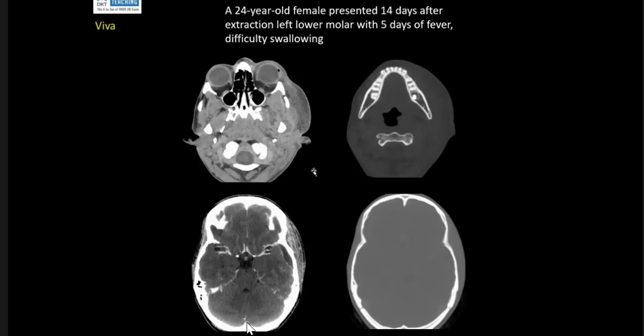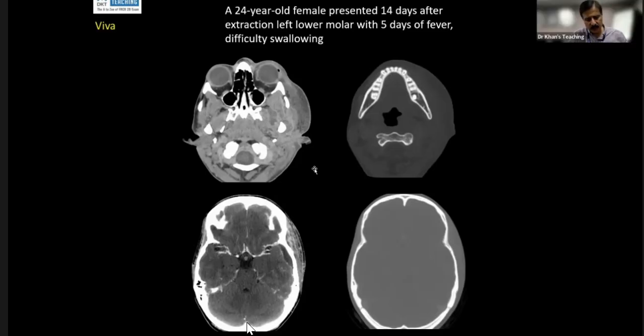I can also see that on CT brain, there is an extradural connection just adjacent to the left temporal bone with underlying enhancement, and there are certain hyperdense areas within the soft tissue. So likely representing an infectious process which is extending into the brain as well, presenting as subdural empyema.